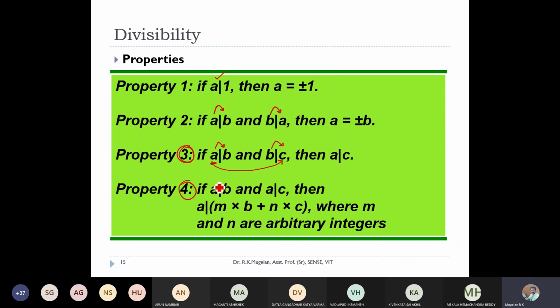This third property and fourth property will be widely used here. The fourth property: if a divides b perfectly and again a divides c perfectly, then a can also perfectly divide m times b plus n times c. The only condition is that m and n should be integer values. These are the four properties you have to remember with respect to divisibility.